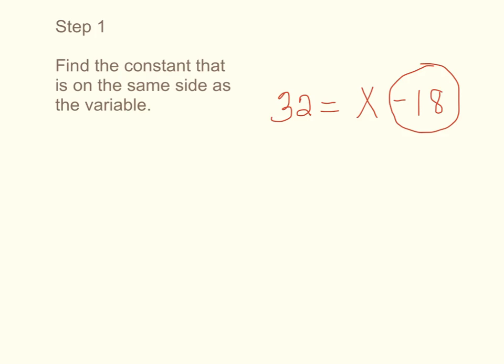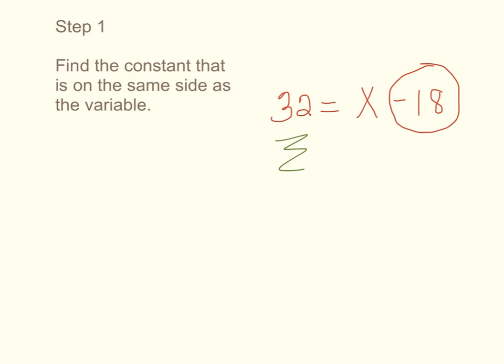Okay, we have this problem here, and our first step says that we have to find the constant that's on the same side as the variable. Well, we have this constant over here, 32, but it's already isolated, so we know its value, so we leave it alone.